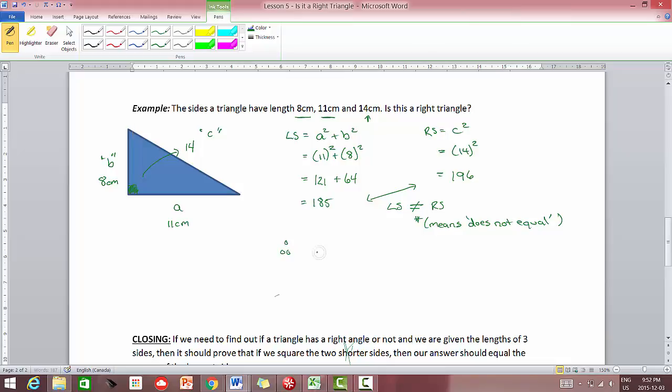Therefore, left side does not equal right side, so 8 centimeters, 11 centimeters, and 14 centimeters do not form a right triangle.